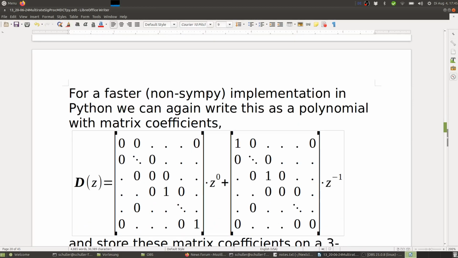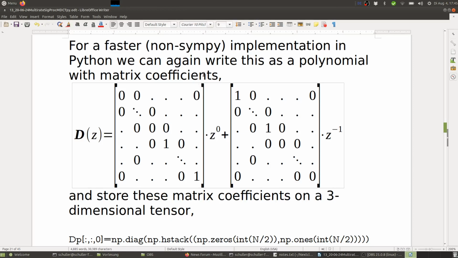So for a faster non-SymPy implementation in Python, we can again write this as a polynomial with matrix coefficients. Here is the matrix coefficient for z to the 0, and here is the matrix coefficient for z to the -1. You can see the first half of the diagonal is 1s, and here the second half of the diagonal is 1s.